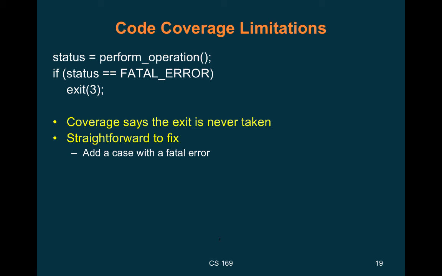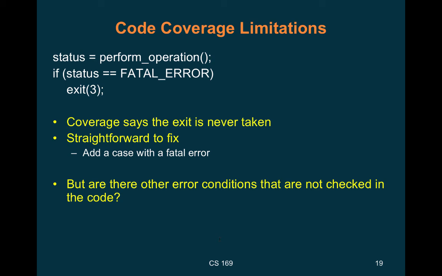But are you done? What if you forgot to check for other errors that may be returned by this function? This is very common in languages or projects that don't use exception handling, projects that rely on this kind of code pattern where the programmer has to check the error cases they care about.